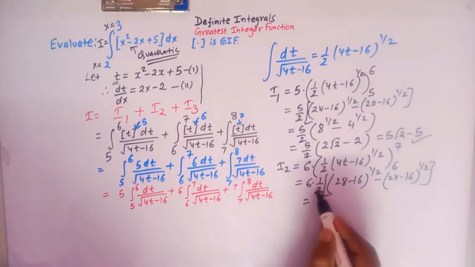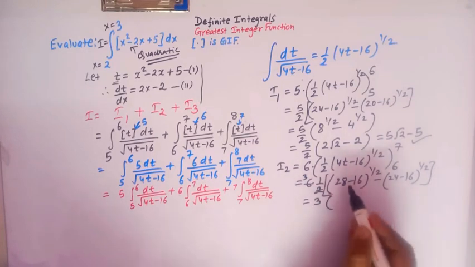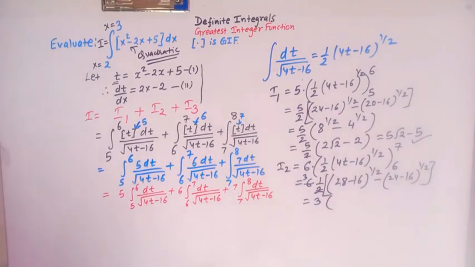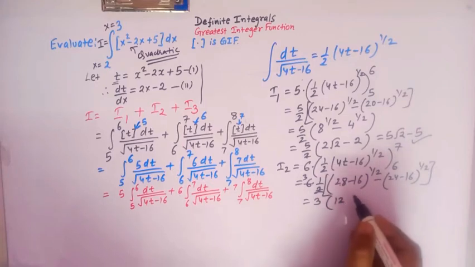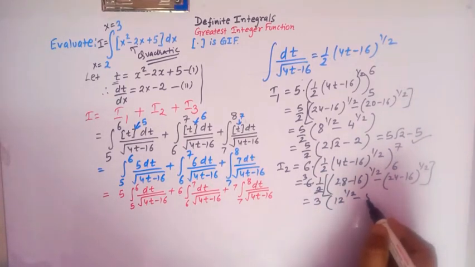So we have 3 times 28 minus 16 is 12, so we have 12 raised to half minus 8 raised to half, right?